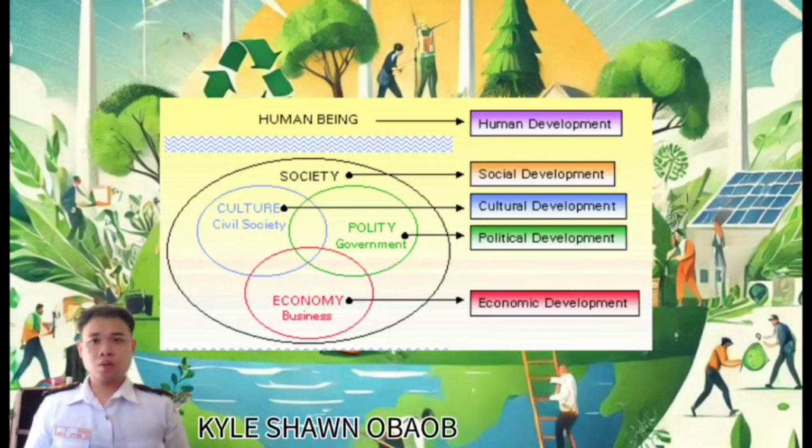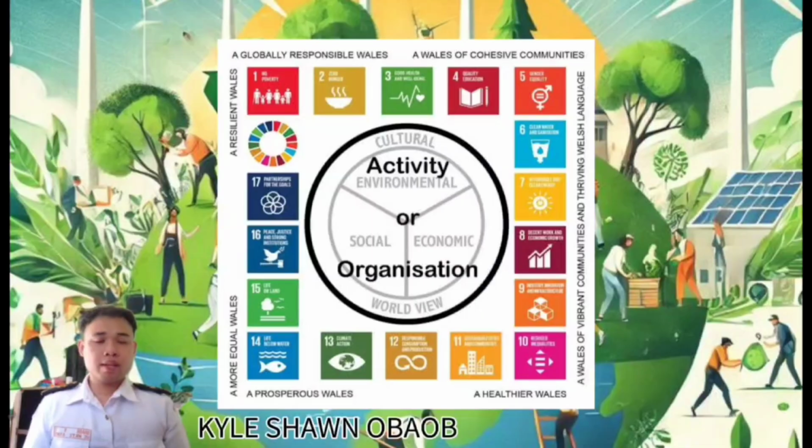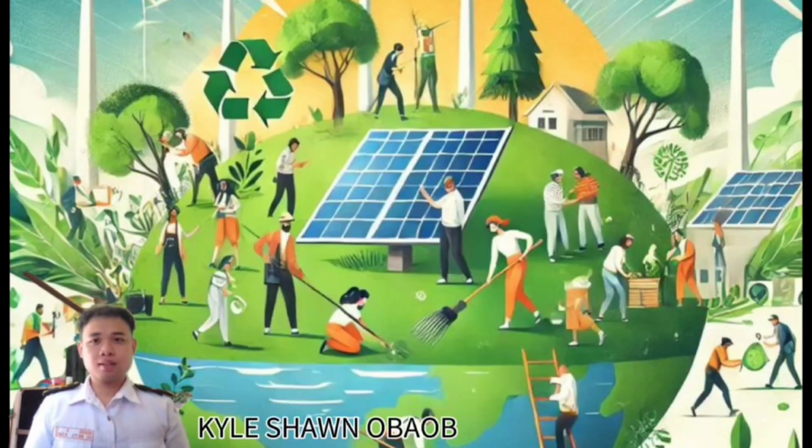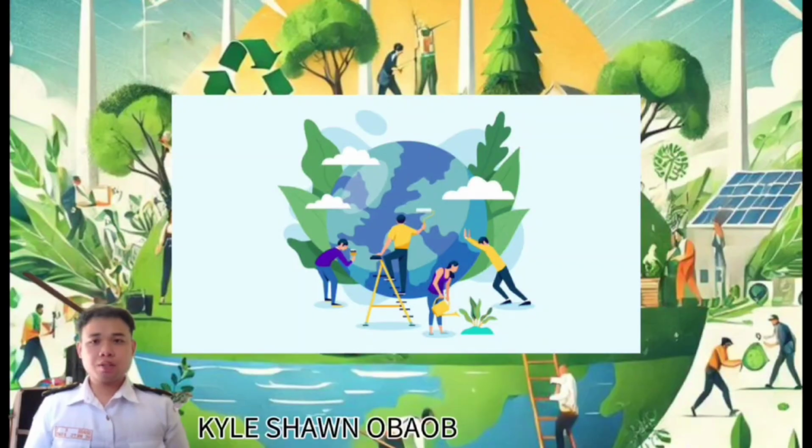So countries must balance environmental protection, economic growth, and social well-being. For example, a project that protects forests (environment), creates jobs (economy), and improves health (society). 3 pillars model: environment, economy, and society.